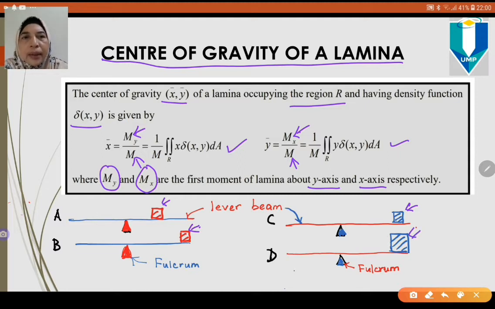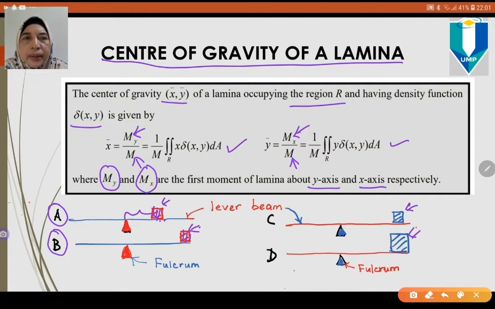Now compare figure A and B. In figure A, you have the same mass placed on the level beam, but the distance is different.